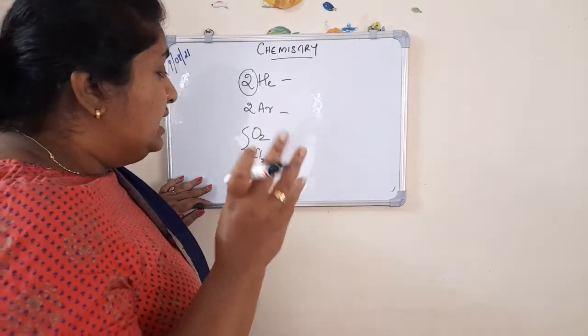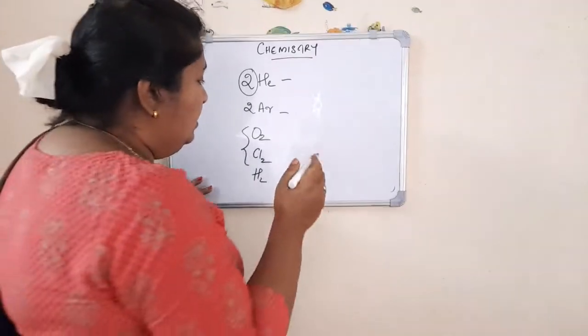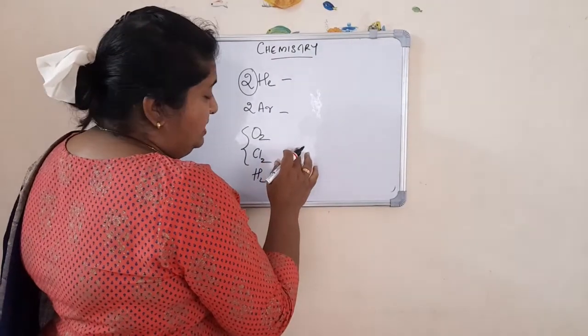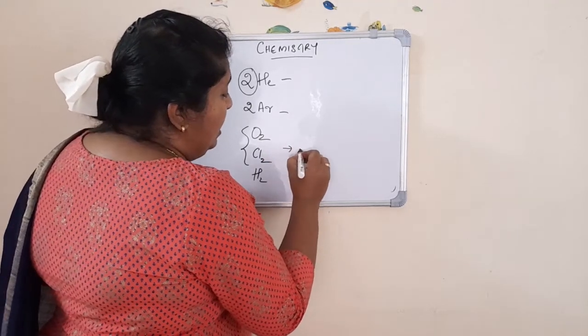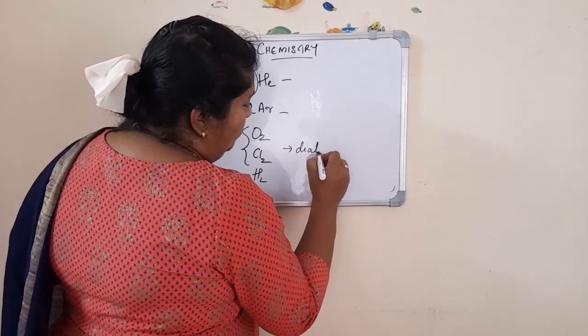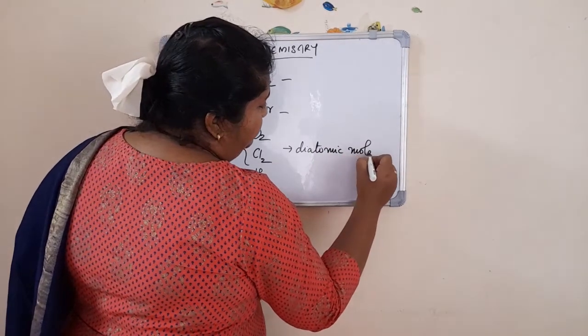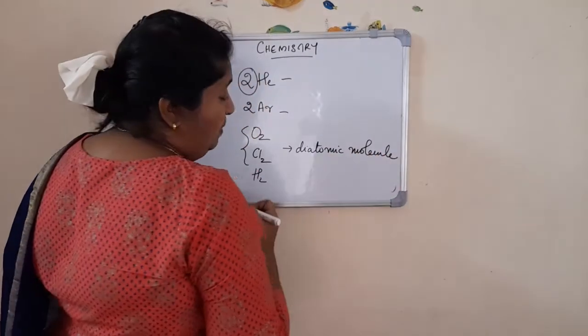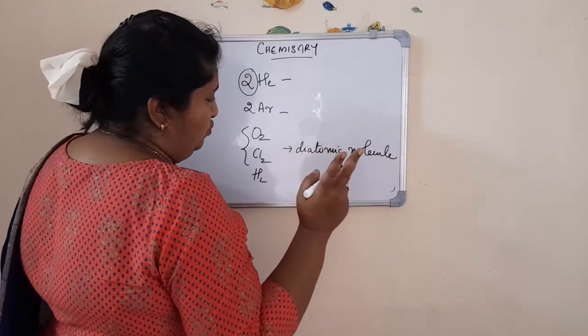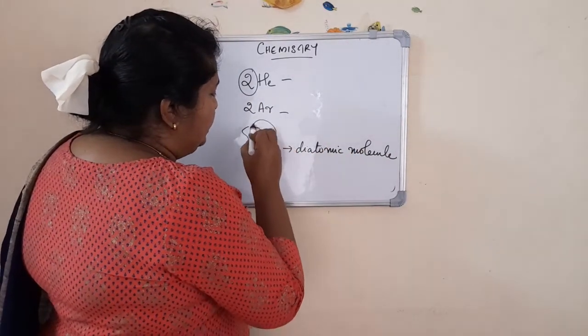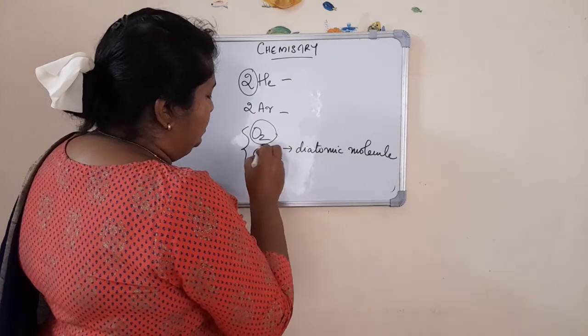Since there are 2 atoms, we call them as diatomic molecule. Di means 2. So now here you can see 2 atoms.